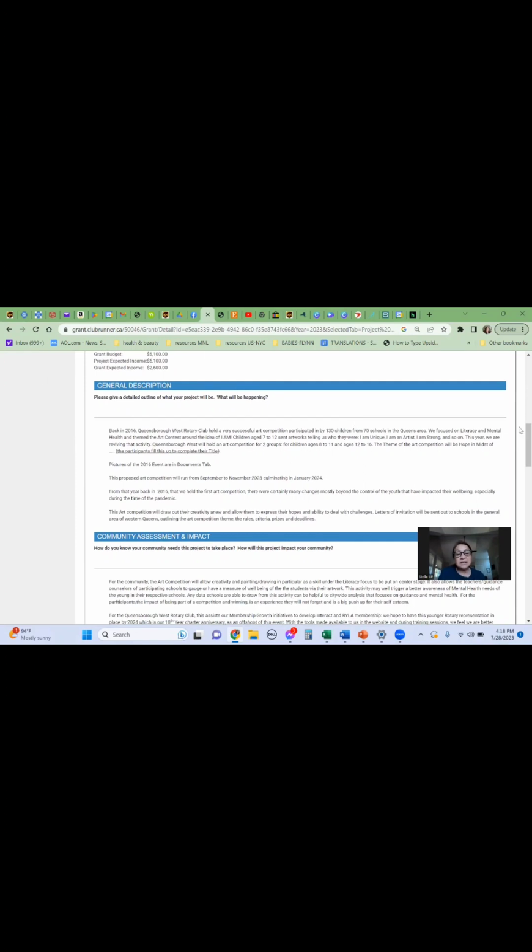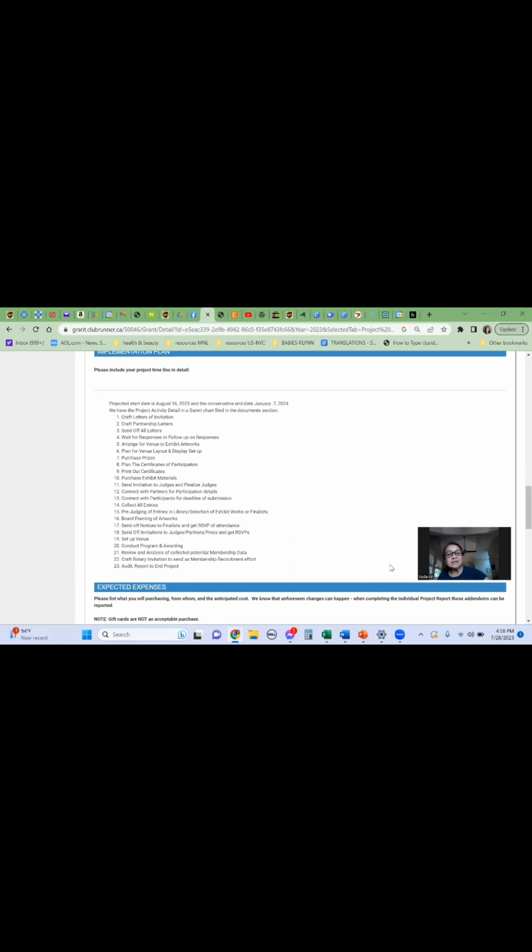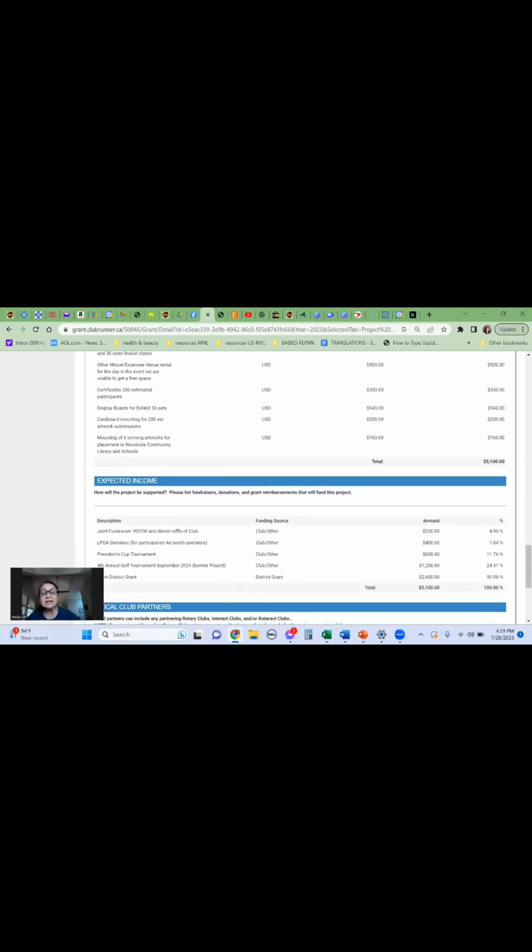And then general description, I wrote down what the grant was for and what the project was in effect. Same thing, community assessment and impact. Is it sustainable? What is the implementation plan? What are the expected expenses? And I put it down here. All of this is based on the experience we had back in 2015.